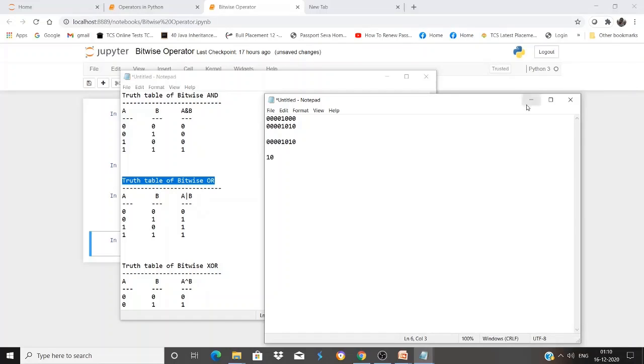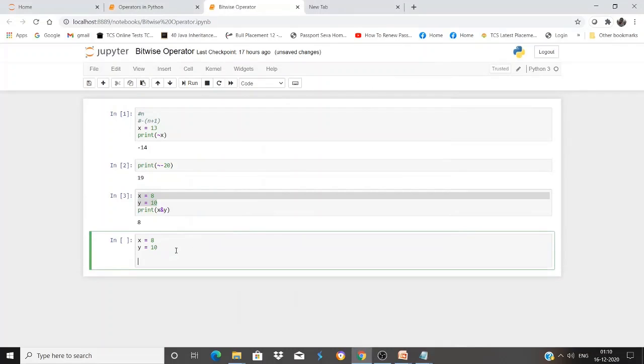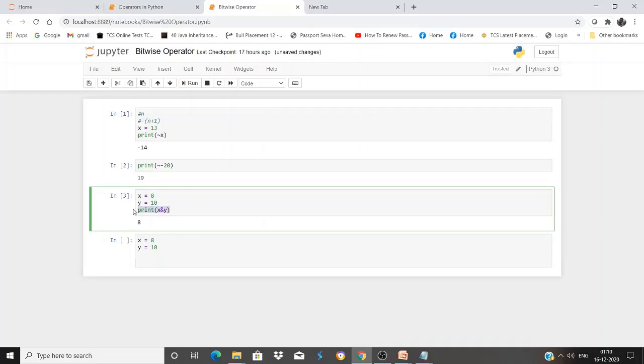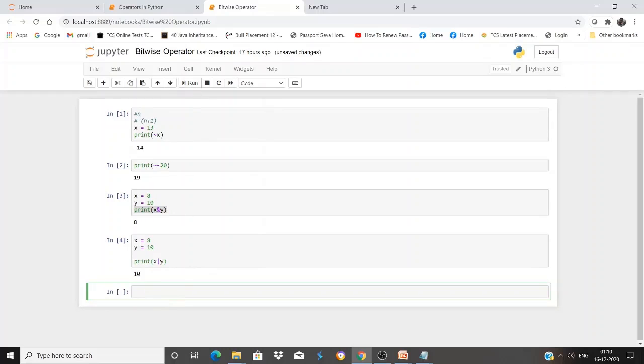So the output of the bitwise OR operator applied on these two variables x and y should give us 10. Let's see if that happens or not. We write bitwise OR and run the cell, and as expected we get 10.